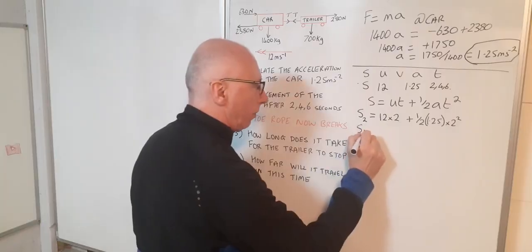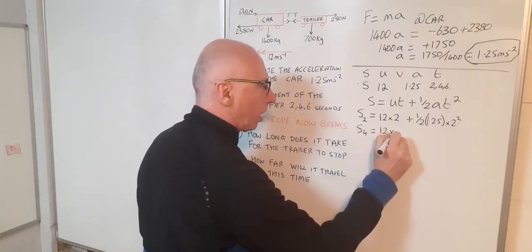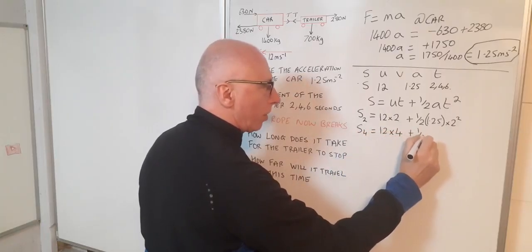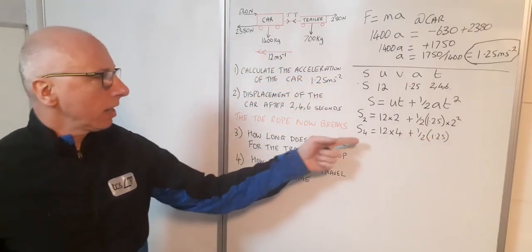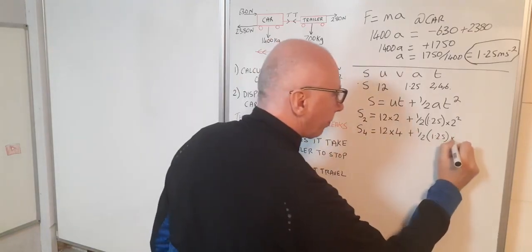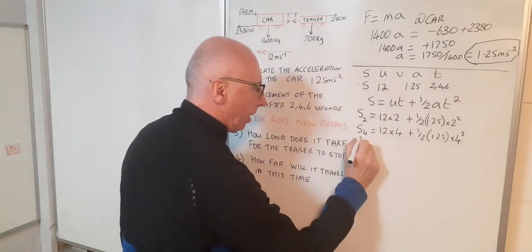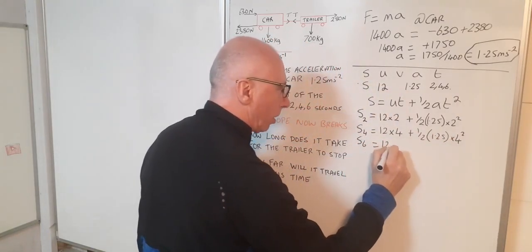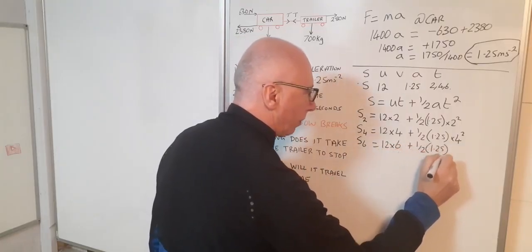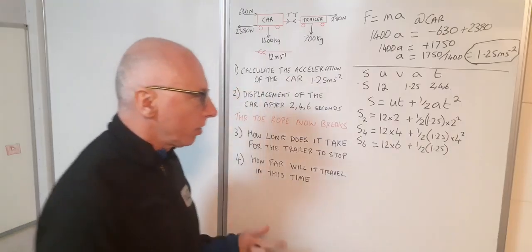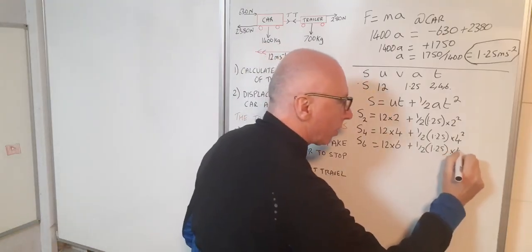So S4 equals 12 times 4 plus 1/2, 1.25, so that's going to stay. And this time I'm going to put 4 squared. And similar for 6. So I've got 12 times 6 plus 1/2, 1.25, that's my acceleration, stays constant, and then times 6 squared.